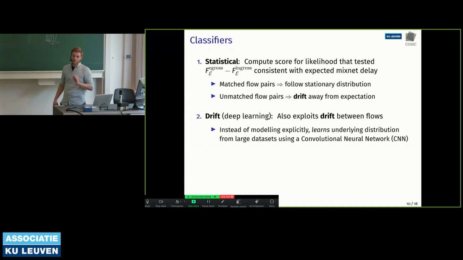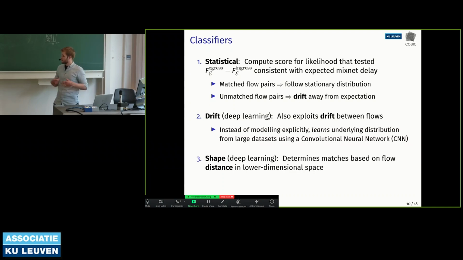But instead of modeling this explicitly, as in the statistical classifier, we learn this underlying distribution from a large data set that we collect. We train a convolutional neural network to learn this directly from the data. This has the potential to be a bit more general than a statistical classifier, but we'll see how they pair up later on in the results.